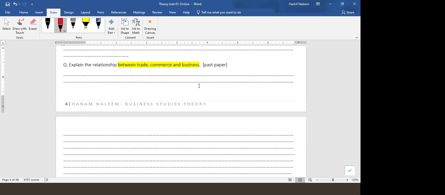Now next line, as a new line. In the first one I am saying what is trade and auxiliary services, and how those are connected to commerce.